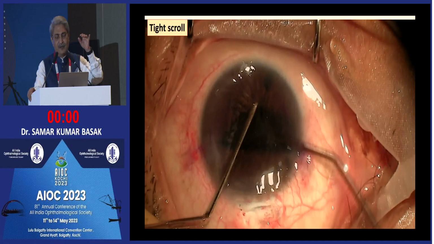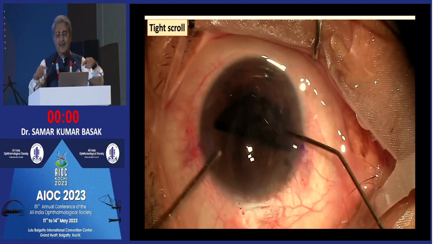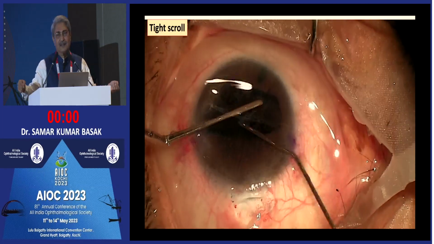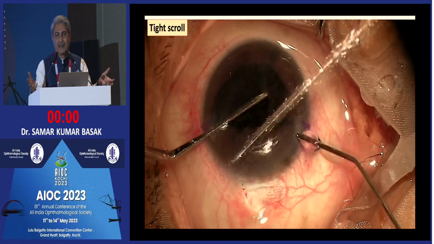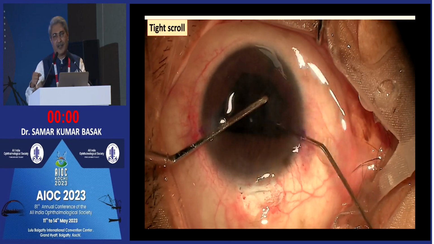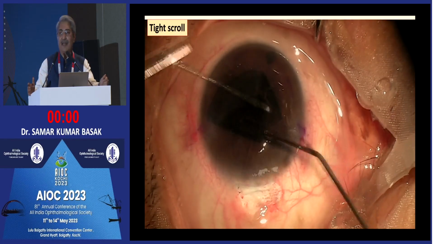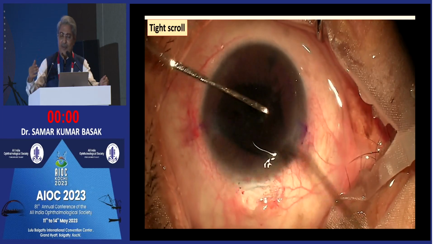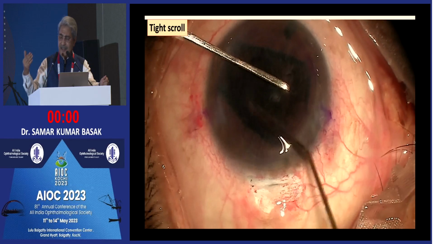This type of graft never shows reverse type of scrolling, it never happens. A tight scroll is always in the same direction. So you just need a little more time, but when it opens, you can completely open it.